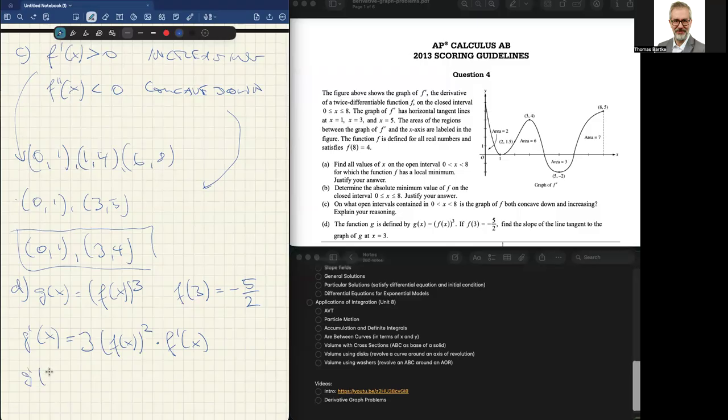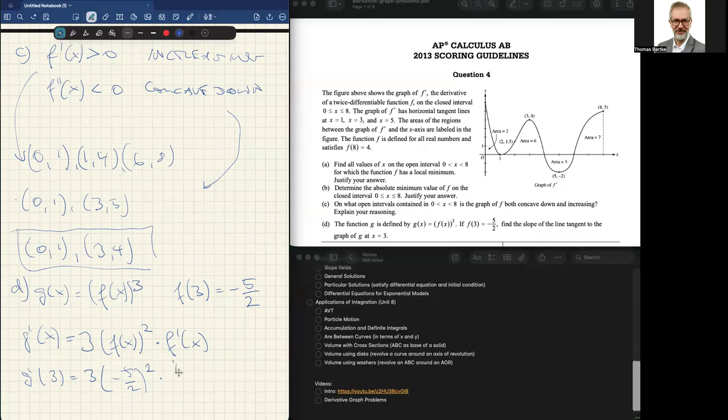So g prime of 3 equals 3 times negative 5 over 2 squared times f prime of x. And f prime of x is still going to be here in the graph. So f prime of 3, you just read the value here, is 4.